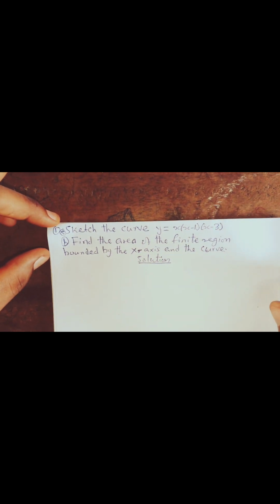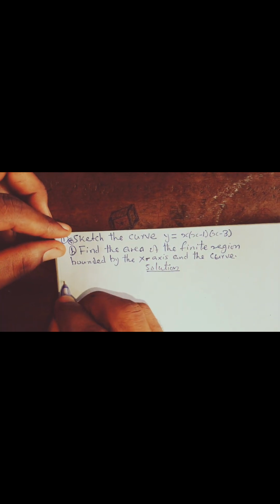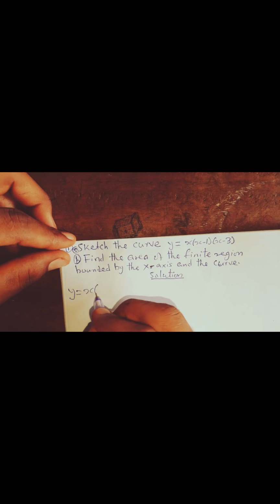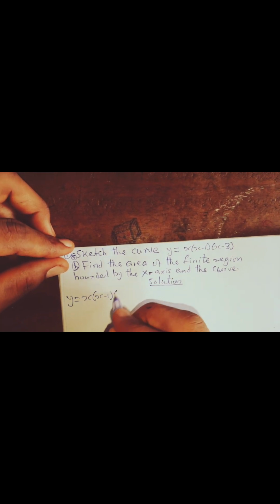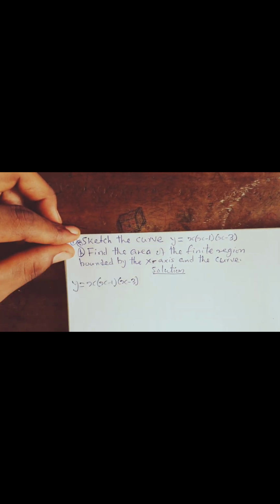In sketching a curve, there are procedures that we follow. So let me rewrite my question down. y is equal to x into bracket x minus 1, x minus 3.